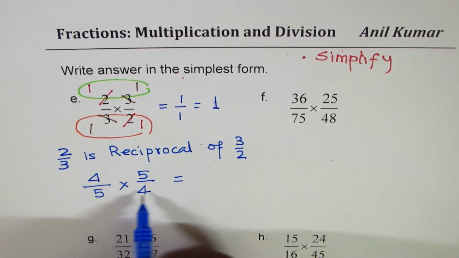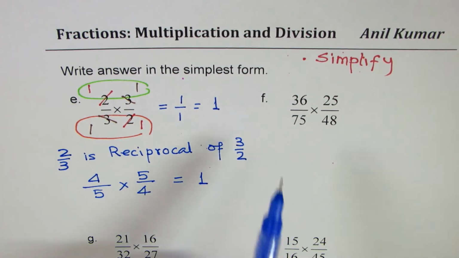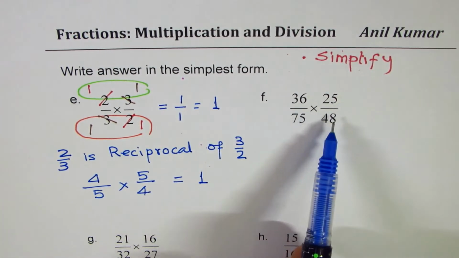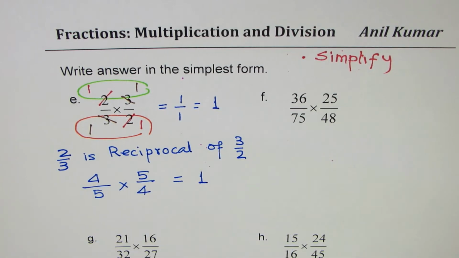And then you multiply, then you get just 1 as your answer. So that's a very important conclusion. Okay, now let's do the next one and try to simplify first and then multiply. You can actually pause the video, answer, and then look into my solution.